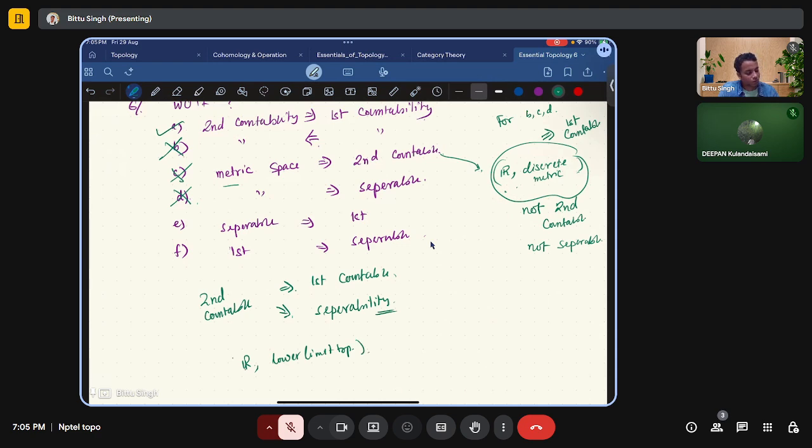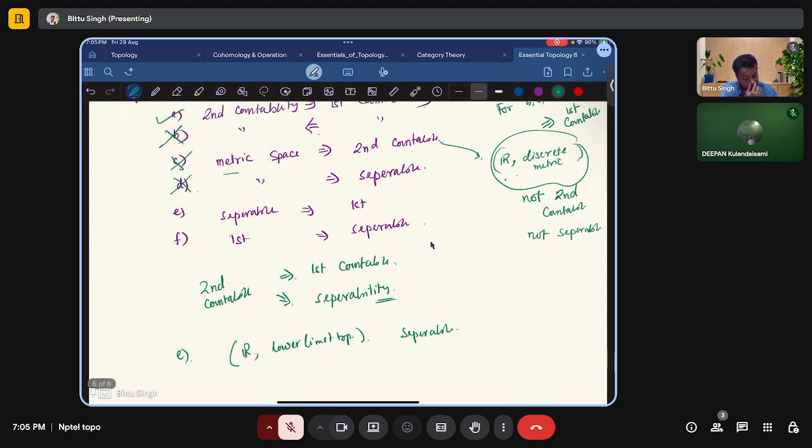This is for option E. This is actually a separable space, right? Why is this separable? What will be the closure of Q? Q is a subset. The closure of Q in this space will be R, right?